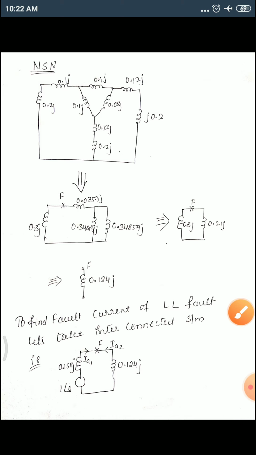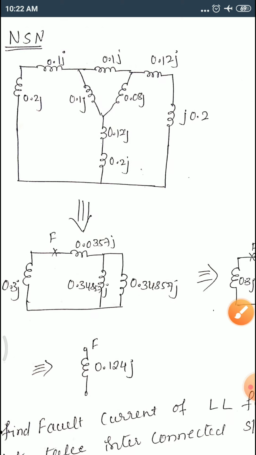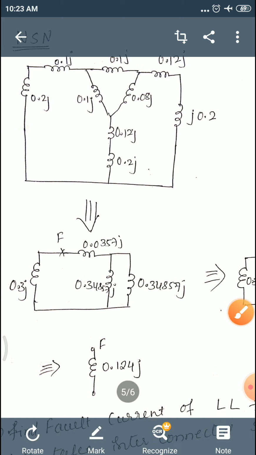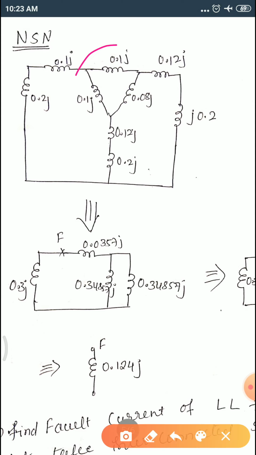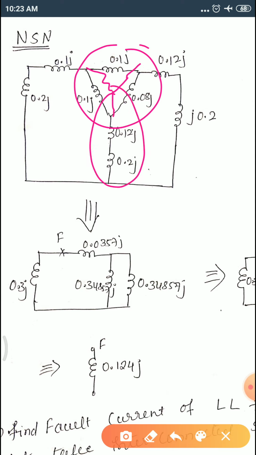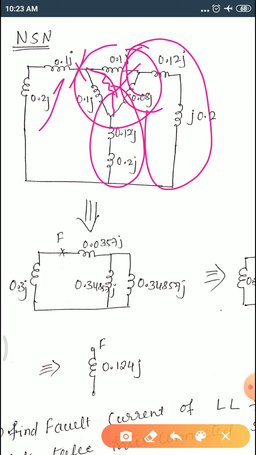Same thing you do, that is convert this delta into a star. Okay, so convert this into a star, and these two will be in series, and whatever you have converted, these things will be in series, and this you keep as it is because fault is at here, and these two are in series. Okay, do the same thing how we have done in earlier case.